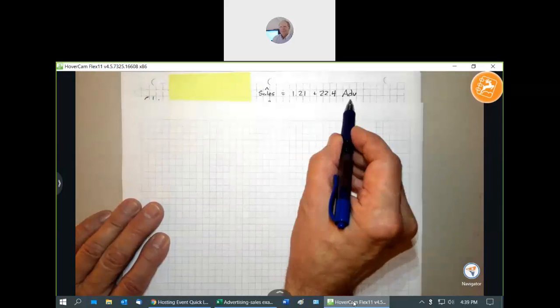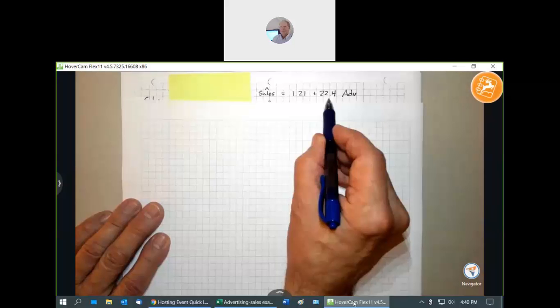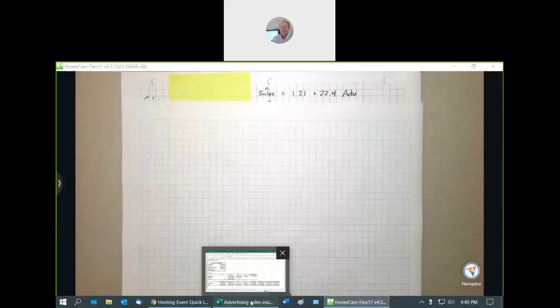That is, for every additional dollar of advertising, you get almost $22.40 in additional sales. And at this point, the cousin who's the marketing director is out in the yard dancing. Wow, we are great. Look at us. We are so great because we can take $1 of advertising and turn it into $22.40 worth of sales.